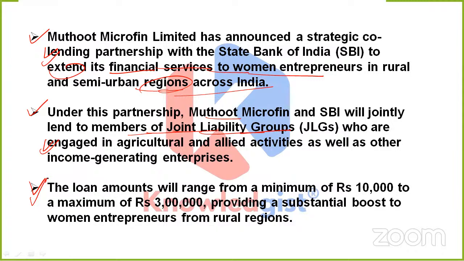Now we talk about the loan amounts. The loan amounts will range from a minimum of rupees 10,000 to a maximum of rupees 3 lakh, providing a substantial boost to women entrepreneurs from rural and semi-urban regions across India as well. Clear?